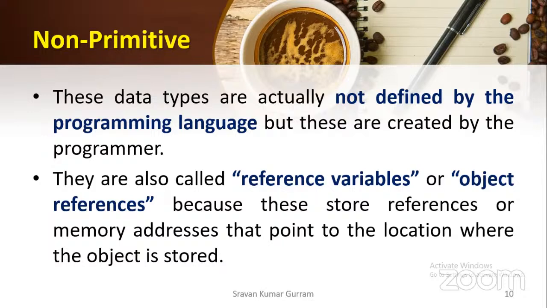In primitive data types, a memory cell is created, and within that memory cell the value is stored directly. But in non-primitive or reference data types, a reference is maintained. A reference is something that points to the memory location where the actual object, or the actual value, is located.